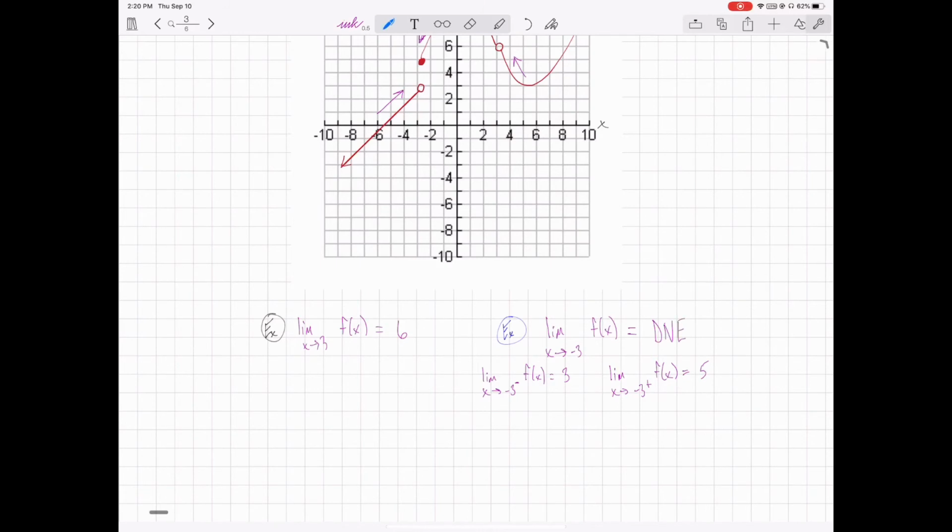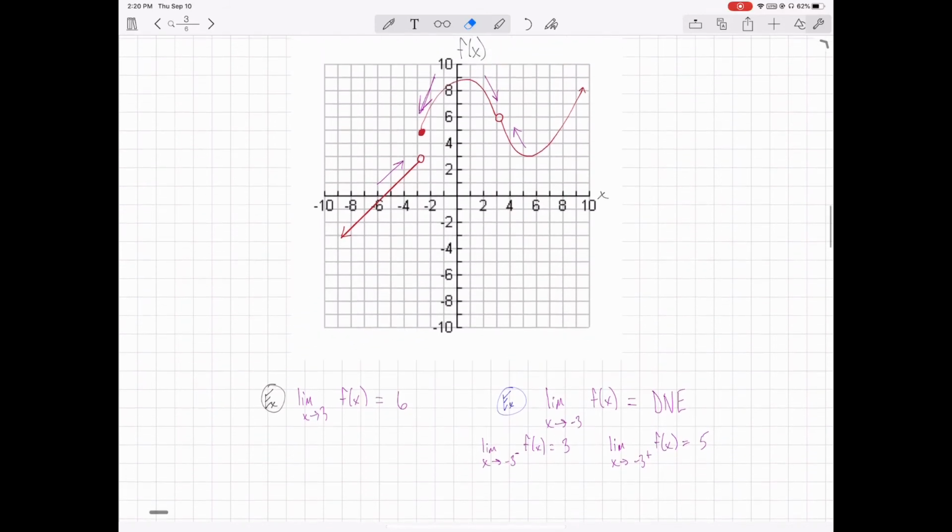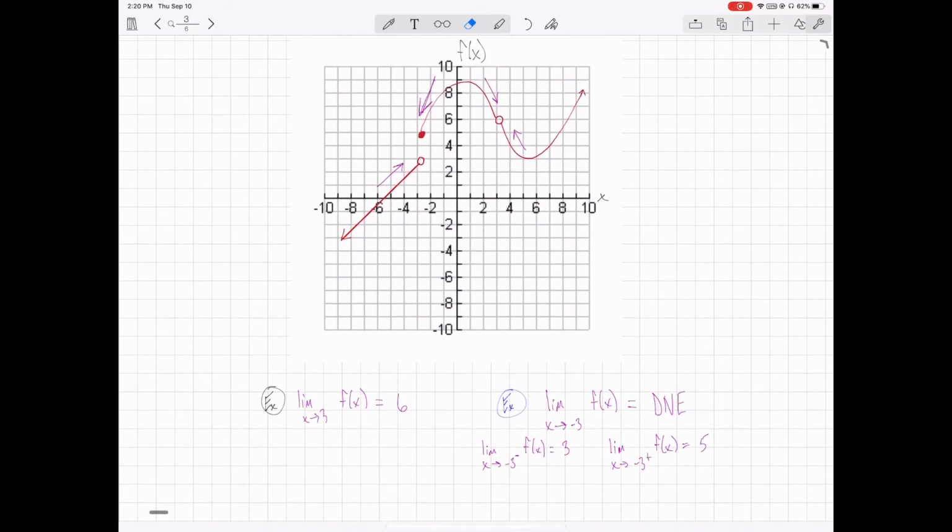So a D and E does not exist. Okay, so that is a graphical way to evaluate limits.